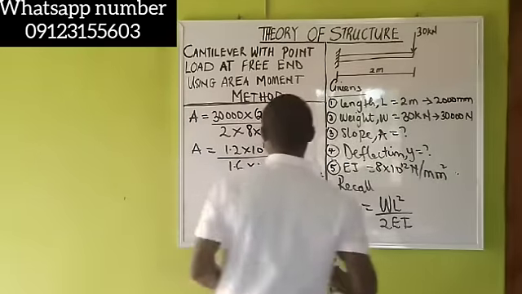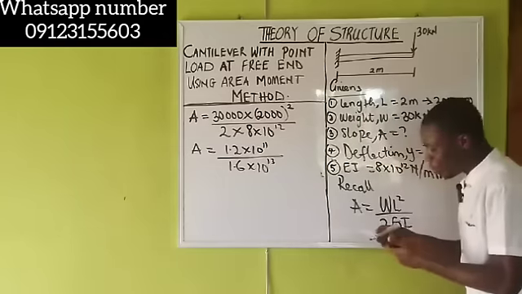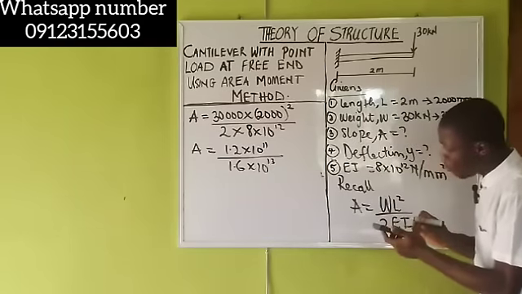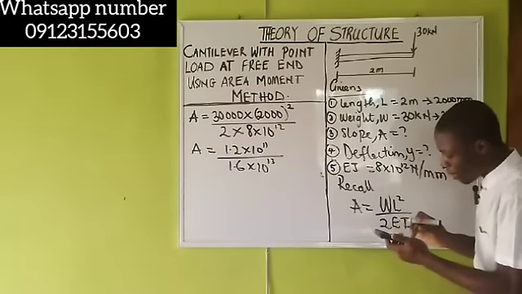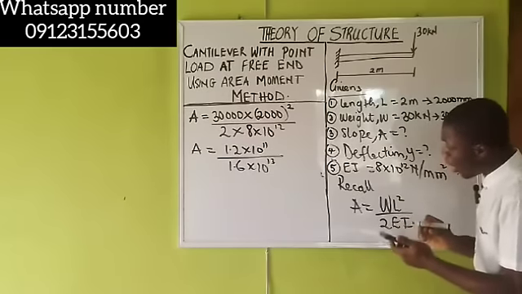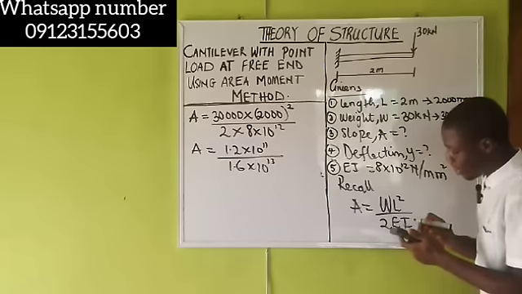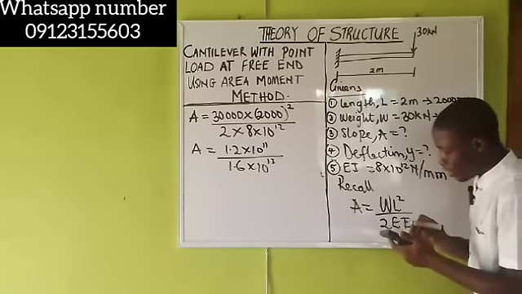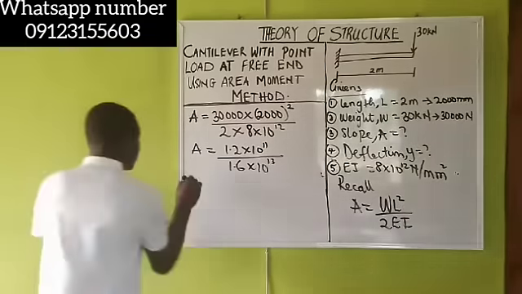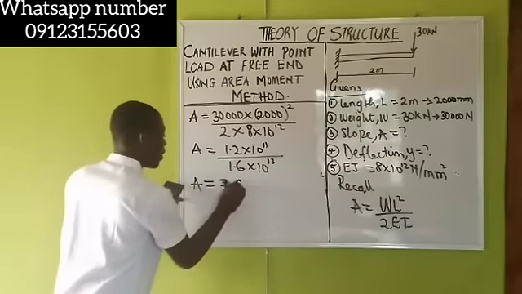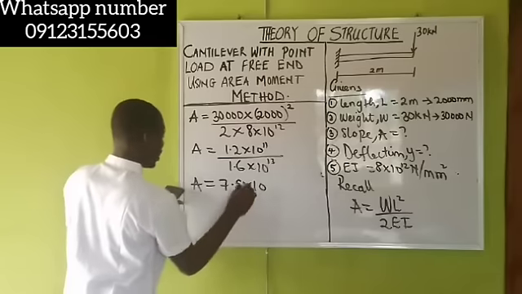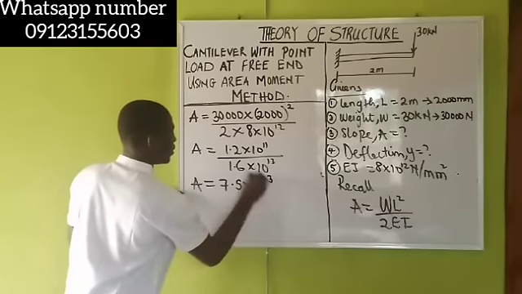If I divide numerator by denominator, I will have 1.2 times 10 to the power 11 divided by 1.6 times 10 to the power 13. My slope will now be 7.5 times 10 to the power minus 3.